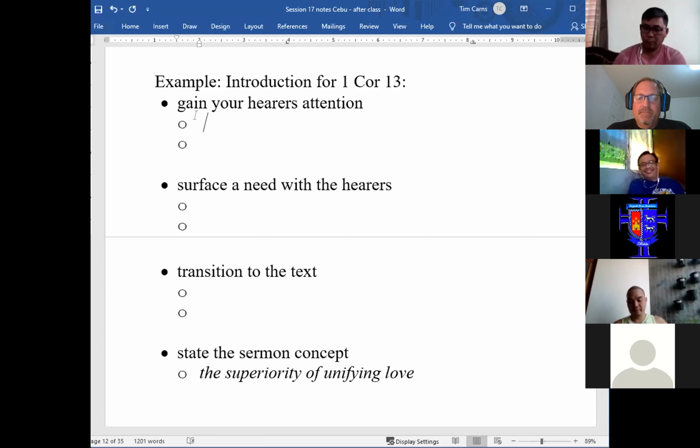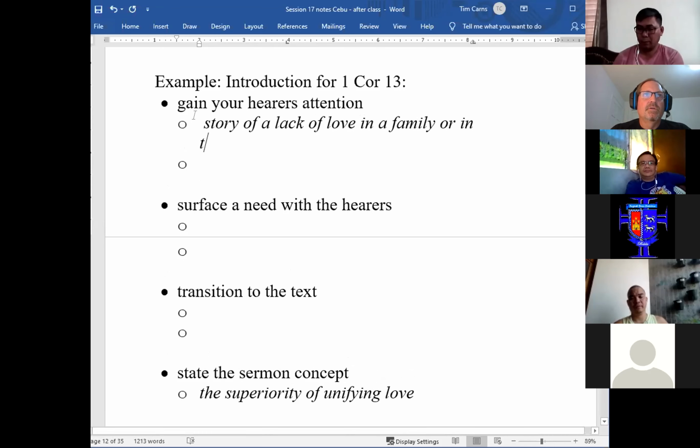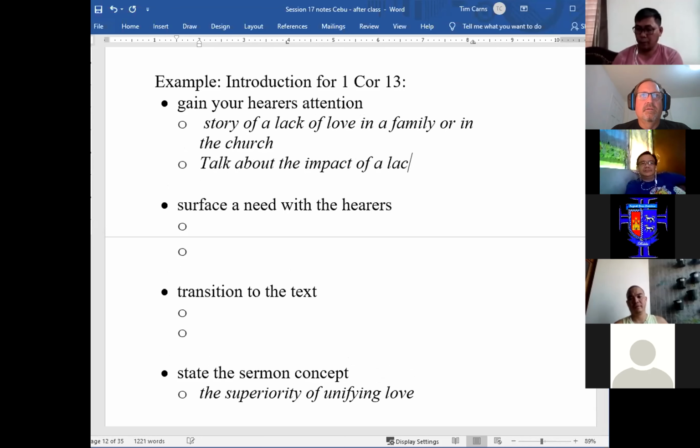Maybe Pastor Tim. Yeah, Kenneth. Devastating effect of not practicing love in the church, something like that. Maybe a story of a lack of love in a family or in the church. Or you could talk about the impact of a lack of love in the church.